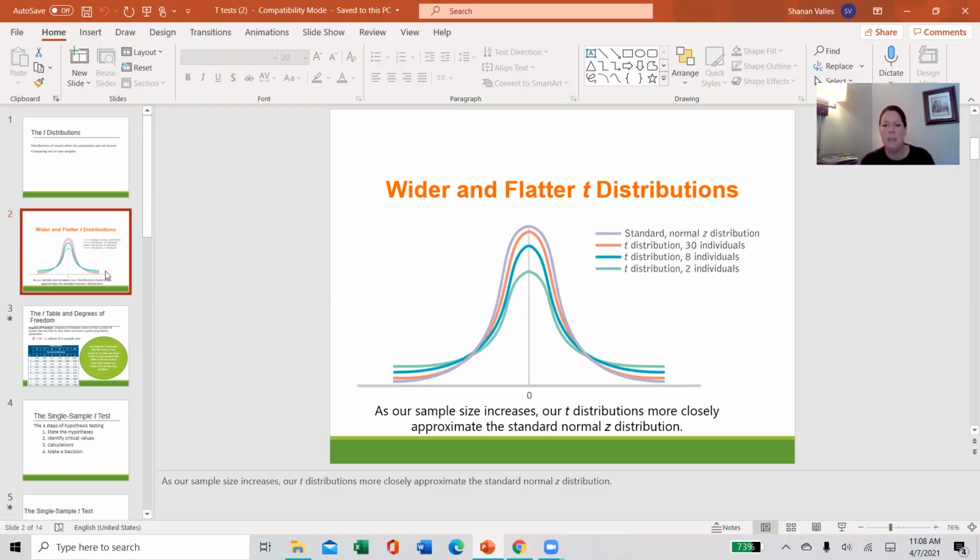Okay, this is just showing again pretty much the central limit theorem. When we have an increase in our sample size, our distribution approaches a normal curve.